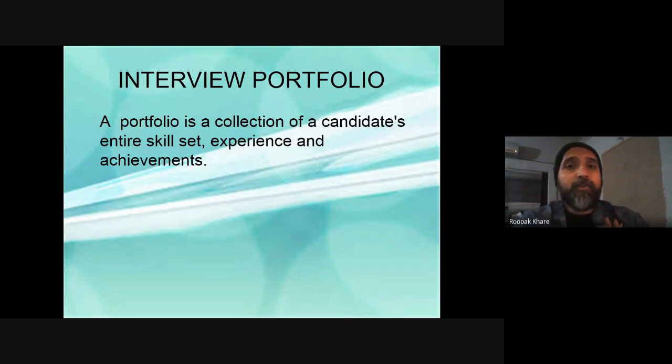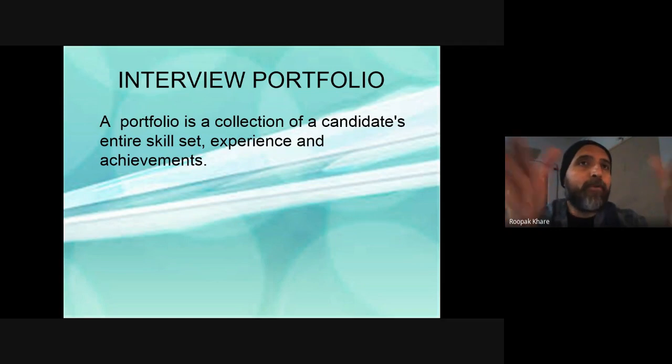Now, there's something called an interview portfolio. Those sectors, those areas where your work is important, and especially once you've already been in that industry and have experience of that area, what you really do is compile all your work, or examples or samples of your work.